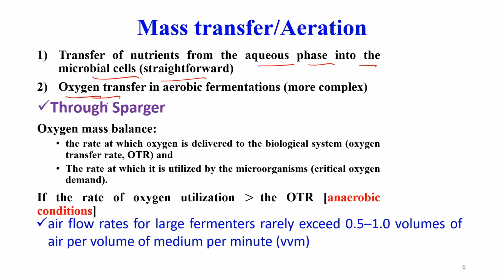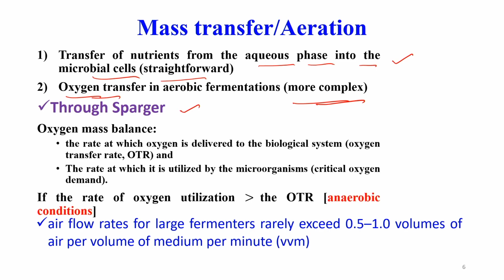There should be oxygen transfer as well, particularly in aerobic fermentation, and this process is more complex because of the poor solubility of oxygen in the liquid medium, while the nutrients are much more soluble in the liquid medium. Typically, spargers are used for the oxygen transfer.